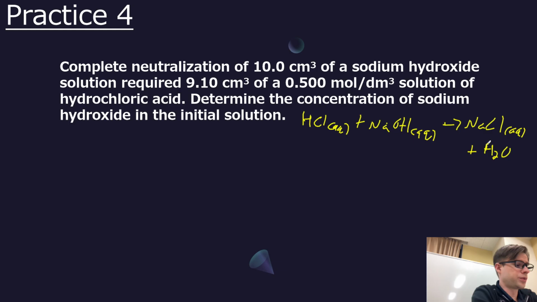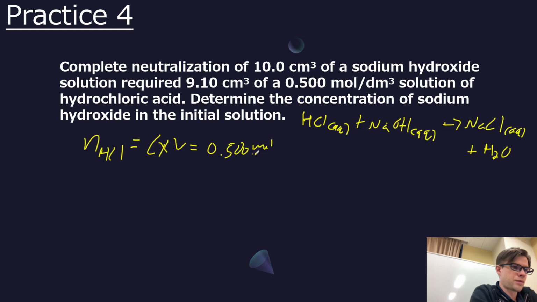And just find moles of whatever we can. So moles of HCl. C times V. Choose the right values though. Concentration of HCl is 0.5. And the volume, 9.1 centimeters cubed.